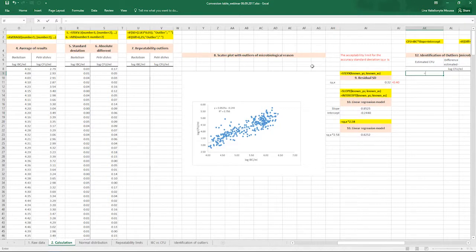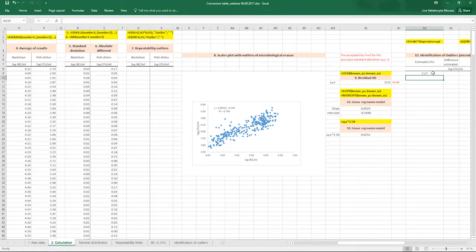If we choose the first sample, logarithmic IBC per milliliter multiplied by slope and adding intercept. In order to keep this formula from changing, we have to add the dollar sign, so we can drag the formula down and it will be calculated for the rest of the data.